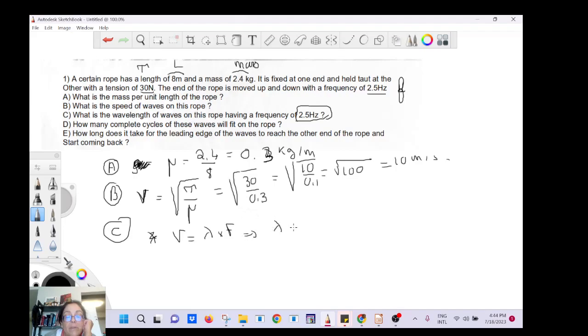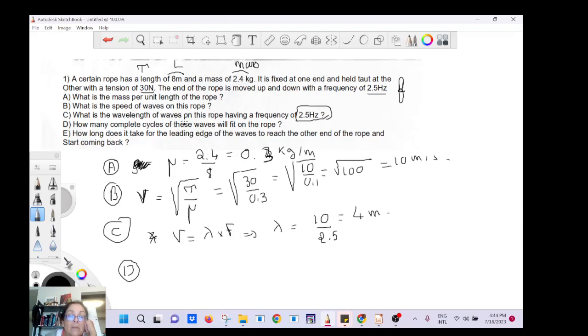So the wavelength of this wave equals the speed, so 10, and then you divide by the frequency, right? So it's going to be 10 divided by the frequency, which is 2.5. So it's going to be 4 meters.